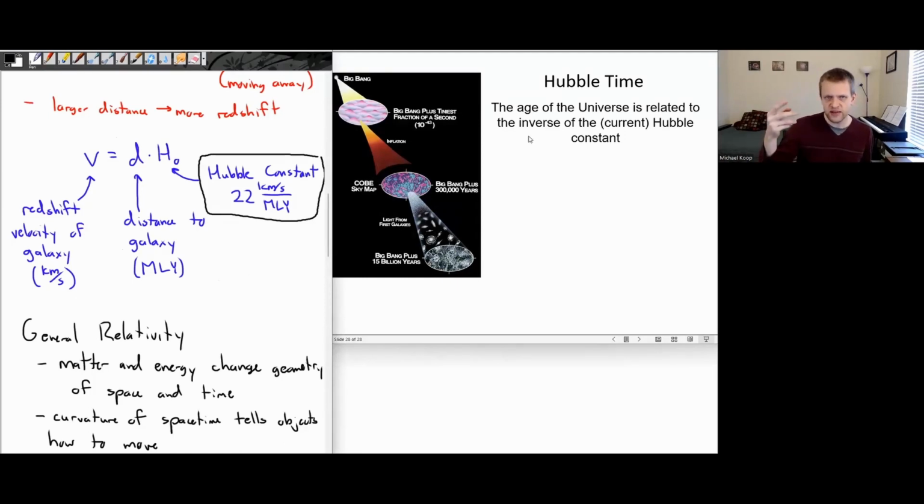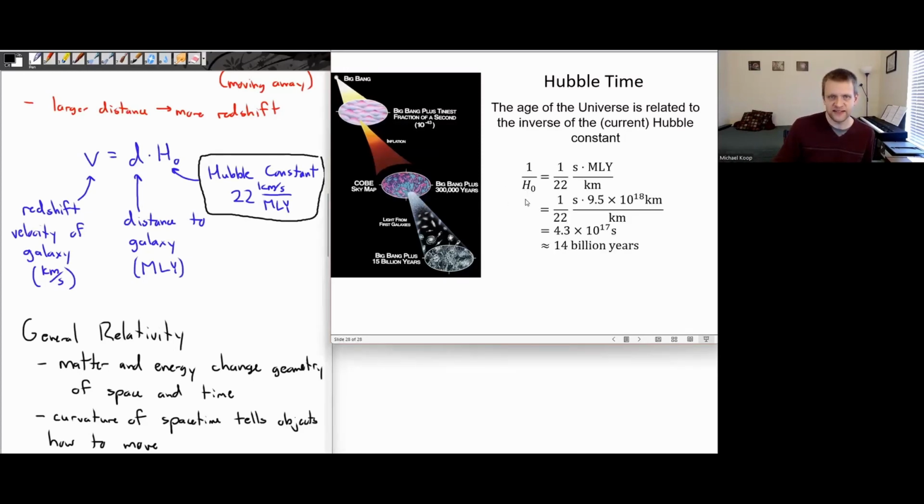But if we take the inverse of that Hubble constant, 1 over the Hubble constant, we can actually use that to get a time. If I do 1 over the Hubble constant, so 1 over 22, and the units flip as well, so instead of kilometers per second per million light years, I get seconds times millions of light years over kilometers. Well, a million light years is 9.5 times 10 to the 18 kilometers, so I can cancel out the kilometers.